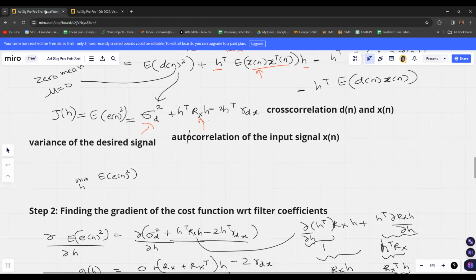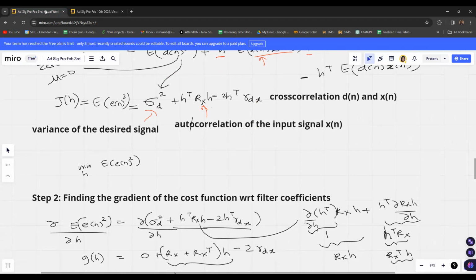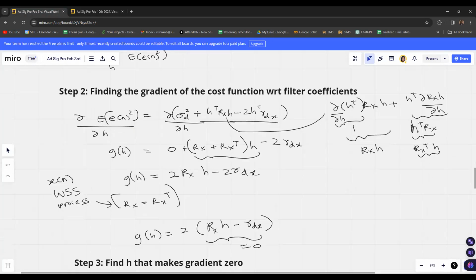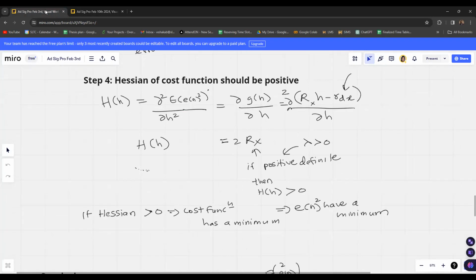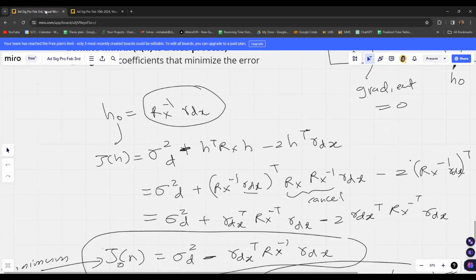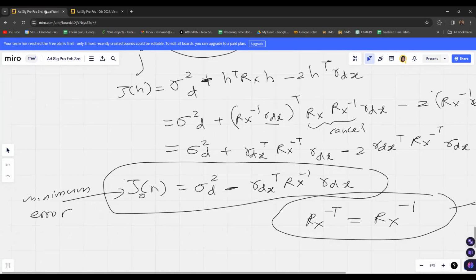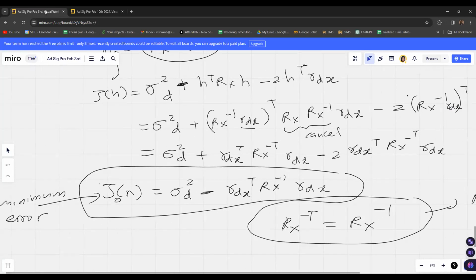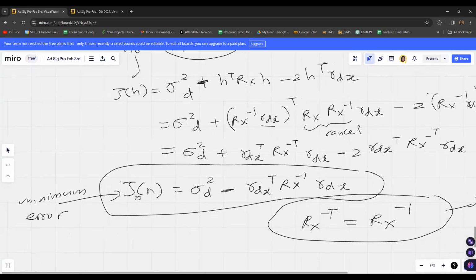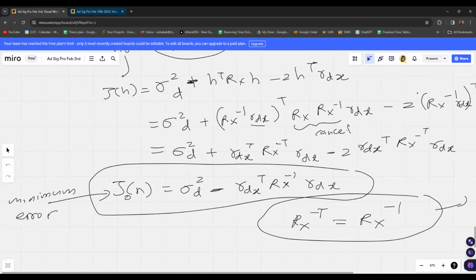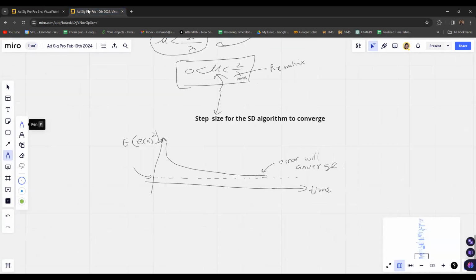I can give you this equation in here. The minimum value of the error we have found is given by this equation. So this value can be obtained using that algorithm, and we can find the minimum value of the error.